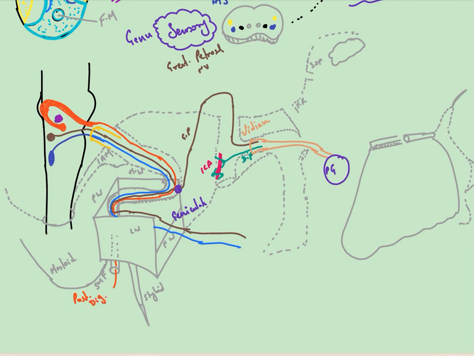Where does it get the posterior belly of digastric? It goes posterior and upward, backside and upside, behind the ear basically.